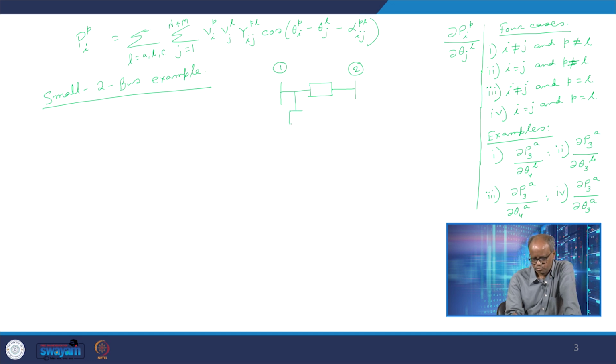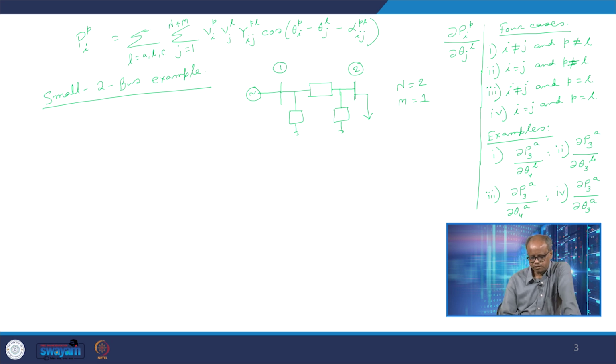Between bus 1 and 2 there is one line, and bus 2 has some load. So, it is a load bus, and bus 1 has a generator. So, what is this case? In the original case, n is equal to 2 and m is equal to 1. So, it is basically a 2 bus system in which there is only one generator.